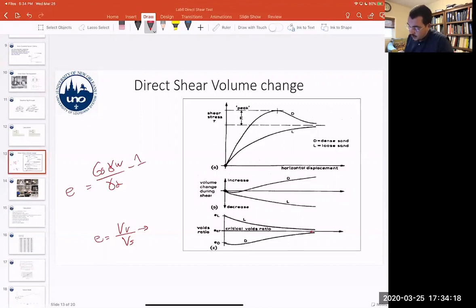Here, there's a critical void ratio, which is the void ratio for granular material at which no change in volume will occur. So you see, even for dense or loose sand, after the void ratio decreases or increases, there's going to be a critical value for both where there's no change in void ratio even after the application of a shearing stress and a normal stress to the sample.